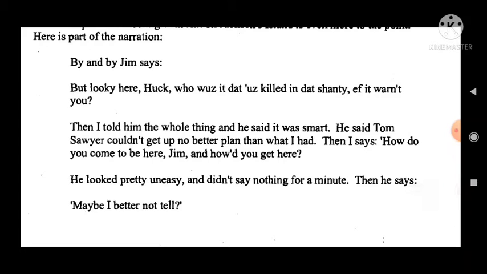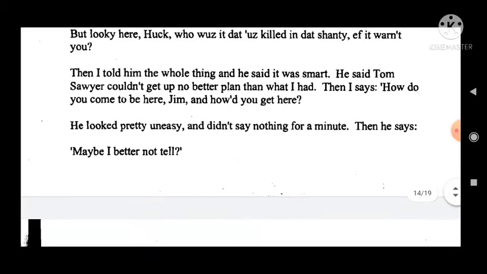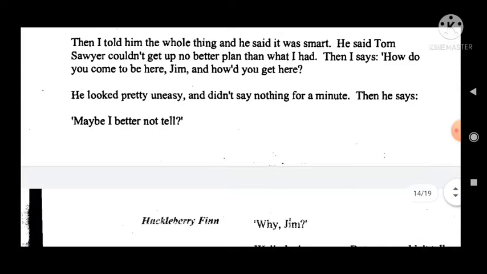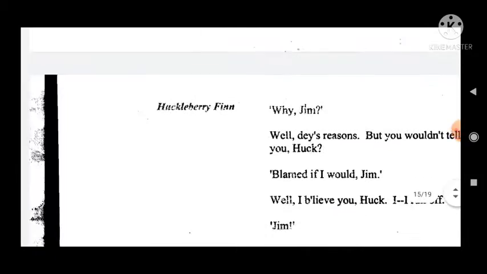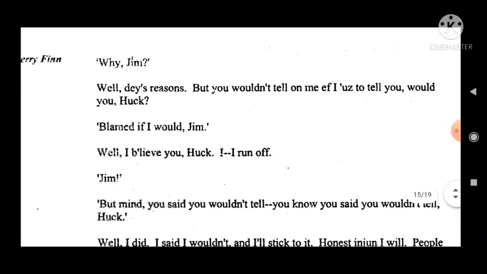By and by Jim says, "But looky here, Huck, who was it that was killed in that shanty, if it weren't you?" Then I told him the whole thing, and he said it was smart. He said Tom Sawyer couldn't get up no better plan than what I had. Then I says, "How do you come to be here, Jim? And how'd you get here?" He looked pretty uneasy and didn't say nothing for a minute. Then he says, "Maybe I better not tell." "Why, Jim?" "Well, there's reasons. But you wouldn't tell on me if I was to tell you, would you, Huck?"